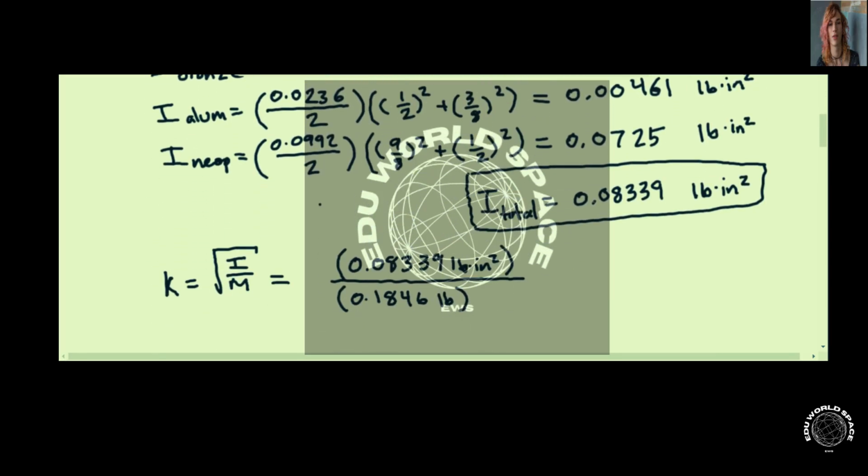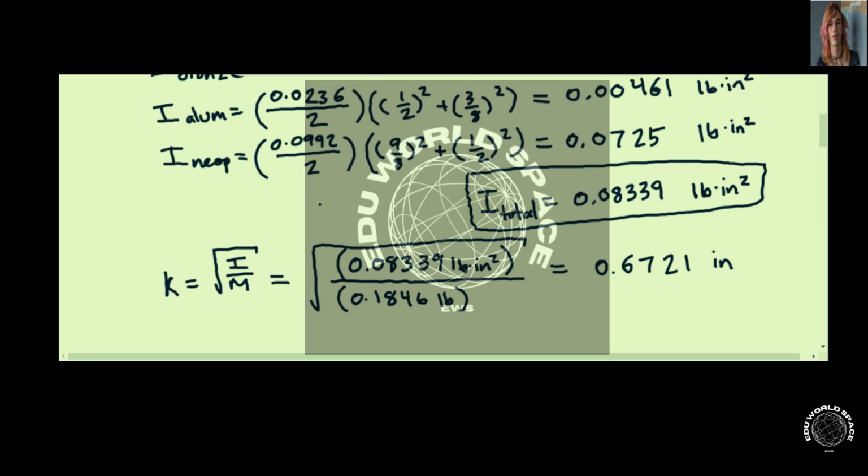Divide and then take the square root, and what we get is 0.6721 inches, because we can keep four significant figures in our answer.